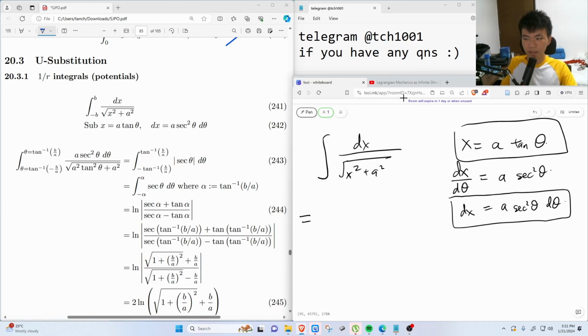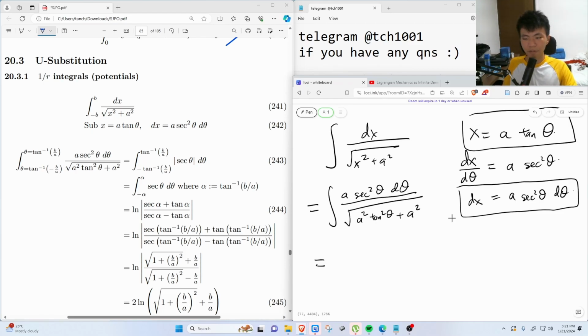So substituting in dx and x into the denominator, we get the integral of a secant squared theta d theta over the square root of a squared tangent squared theta plus a squared. And if we simplify this, we can make use of the fact that tangent squared plus 1 equals secant squared.